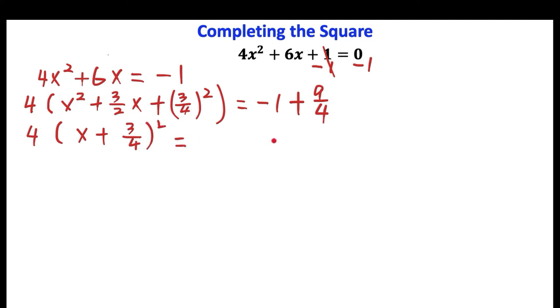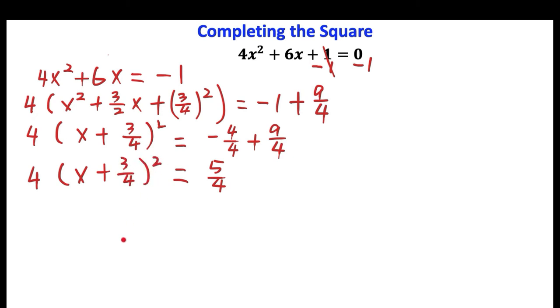On the right side, how do we put -1 plus 9/4? We simply change -1 to -4/4 plus 9/4. We can combine these two fractions to be 5/4. On the left side, which is 4, x plus 3/4 square.